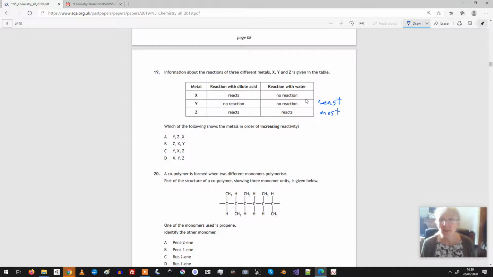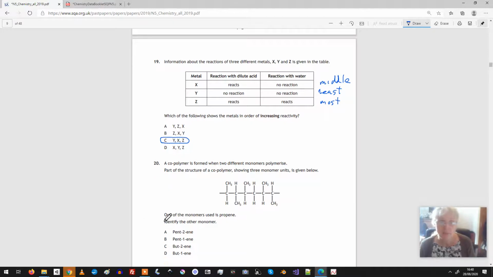And the one that reacts some of the time is middle. Bit easy, that one. So in order of increasing reactivity, Y would be the least, then X, then Z. So be that one. So least, middle, most. Yes. So C.